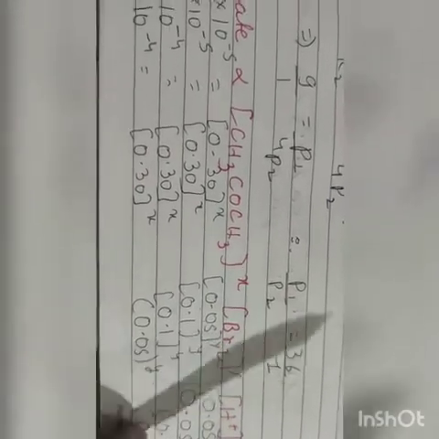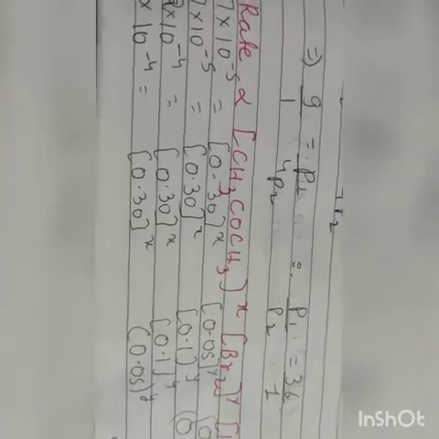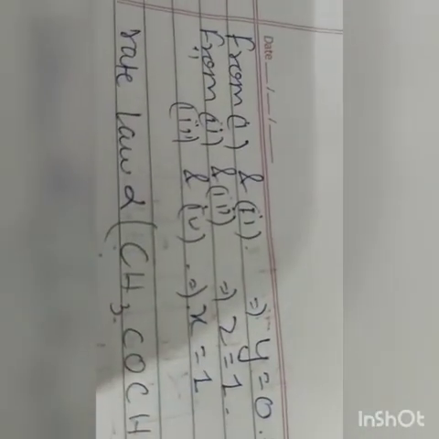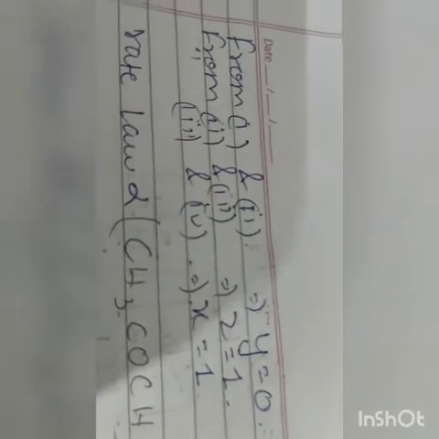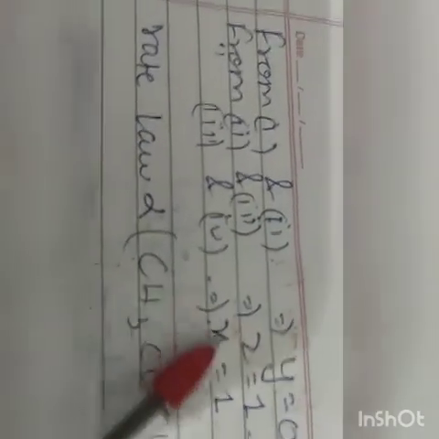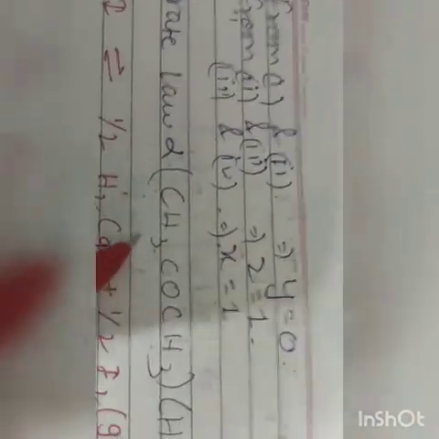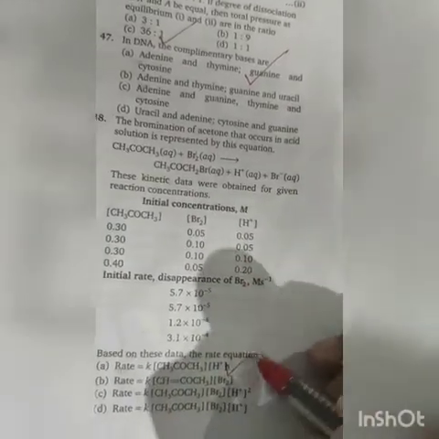So we will find the values from equations 1 and 2. We get that y is 0, as Br2 is dissociating. From 1 and 3 we get z is equal to 1. So the rate law will be CH3COCH3 times H plus. So this is the correct option.